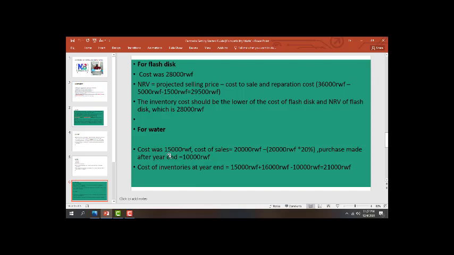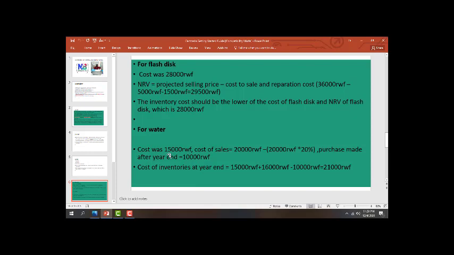If there are sales made, we need to add back, but after deduction of profit. Remember, the goods in stock should not include the profit, so the profit should be deducted. That is the reason why, for the sales made, we have to deduct profit on those sales and add back those goods to the inventory.